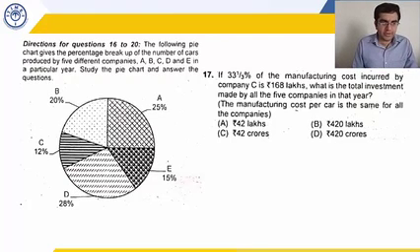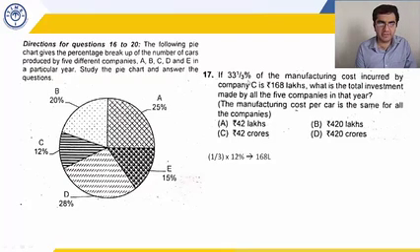See, every car is going to have a cost. So that means company C has 12% of the cars, so it will have 12% of the cost. So now basically we have 33 1 by 3% is 1 by 3. So 1 by 3 of 12% of the cost corresponds to 168 lakhs.